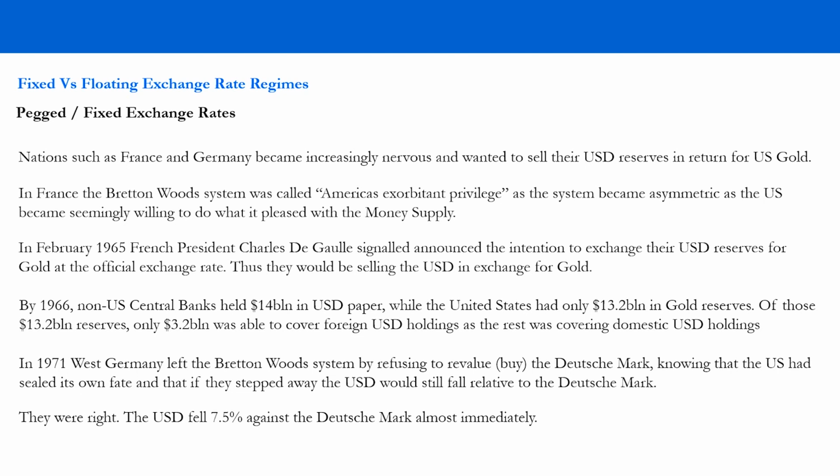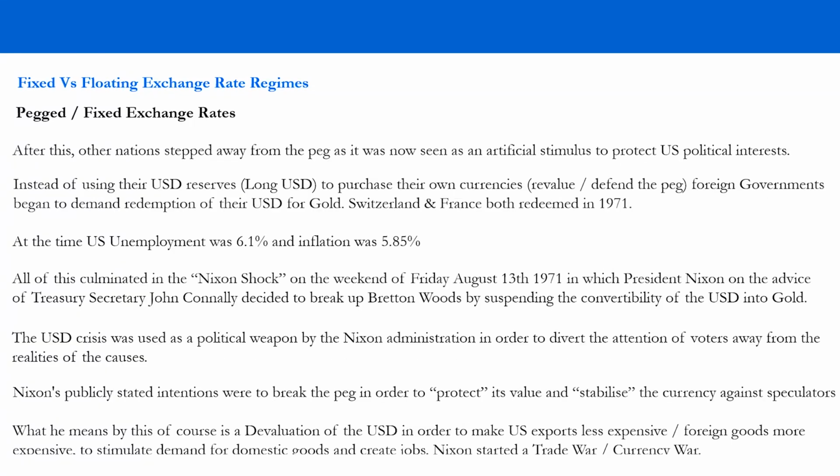Almost immediately, the US dollar fell 7.5% against the Deutschmark. And after this occurred, other nations decided to start stepping away from the peg, as it was now seen that there was artificial stimulus occurring to protect US political interests.